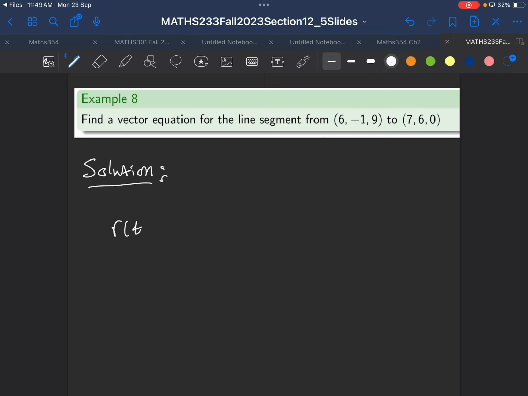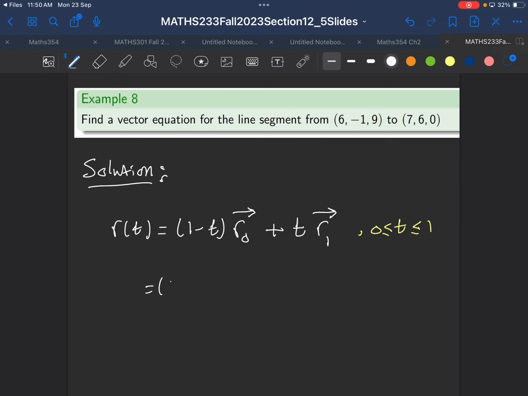We write r of t equal 1 minus t times r0, which is the vector representing the initial point, plus t times r1, which is the vector representing the end point. And remember, my t is only between 0 and 1, so that I can have a range for the t, I will have a range for the points.